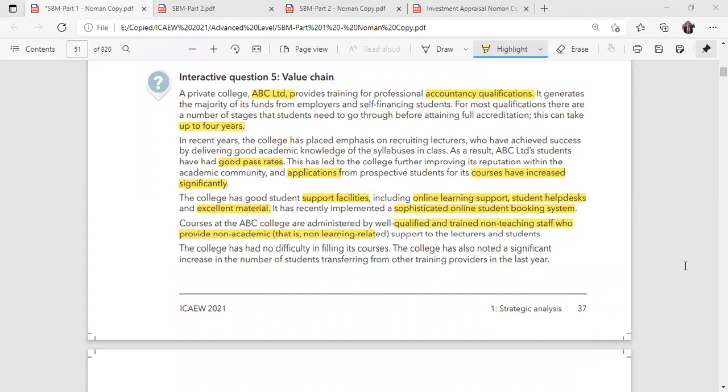Again, this is really good. And in terms of support activities, I think there are the student sports. They have a student sports program which is doing well. Student help desk and online booking system which facilitates this process.